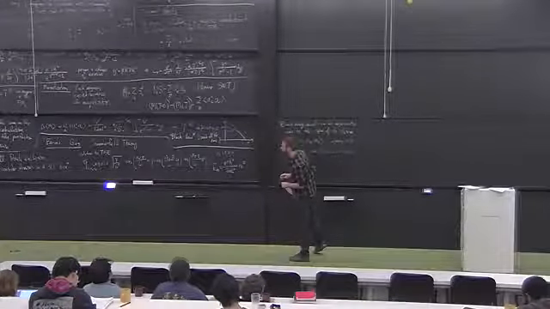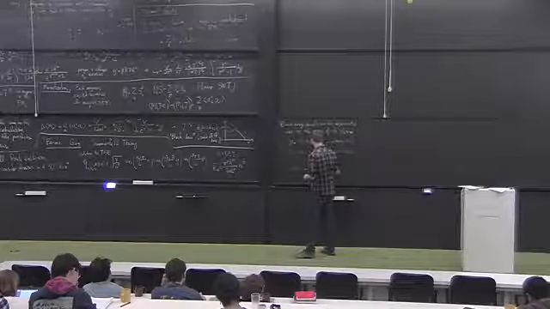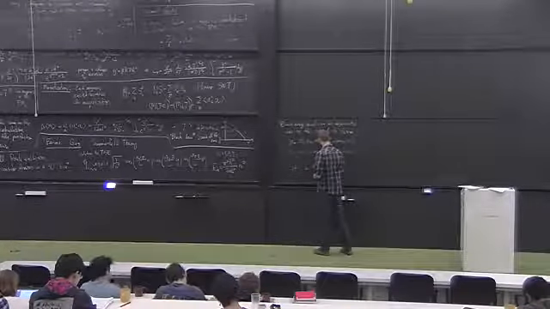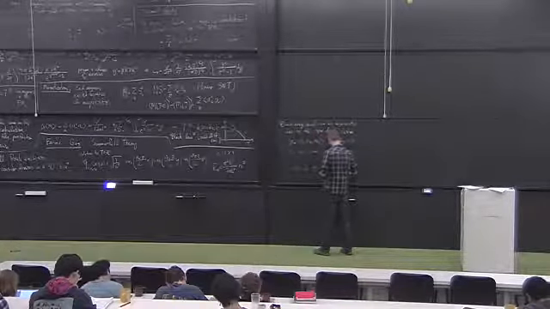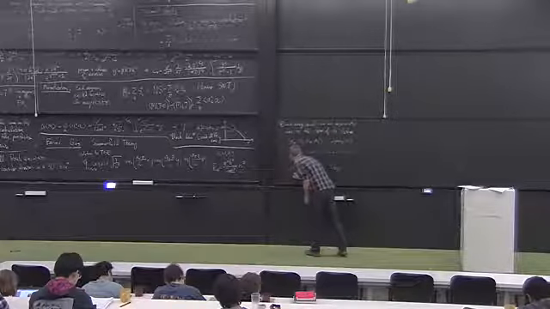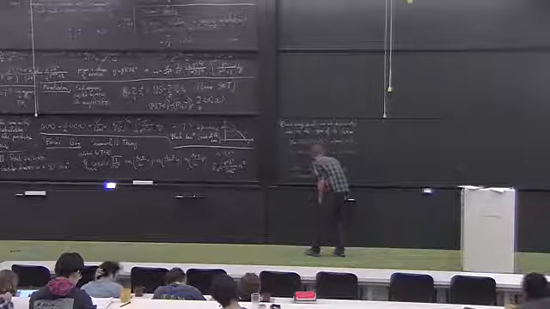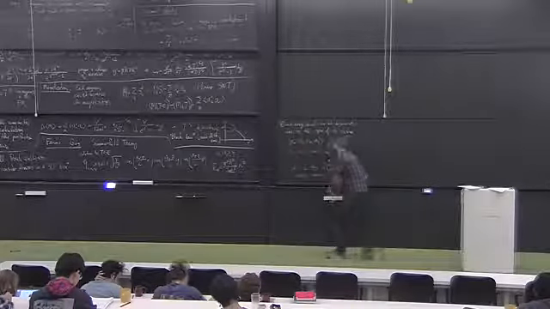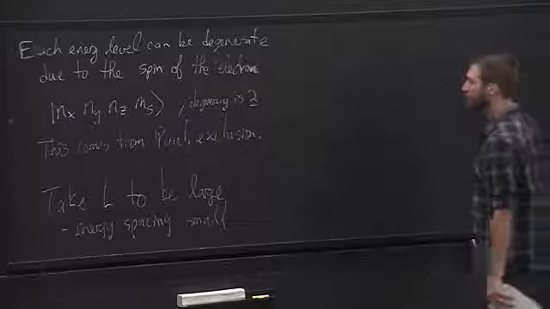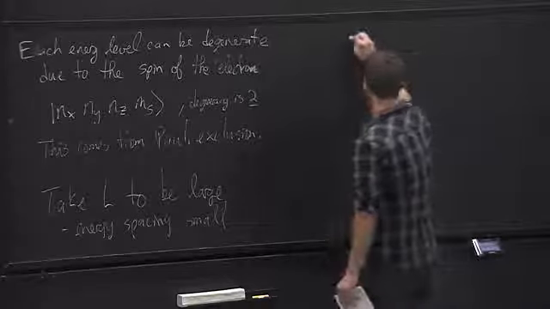So that's a box of sides L. Let's take L to be large so that the energy spacing is small, and this will be approximated by a continuum.